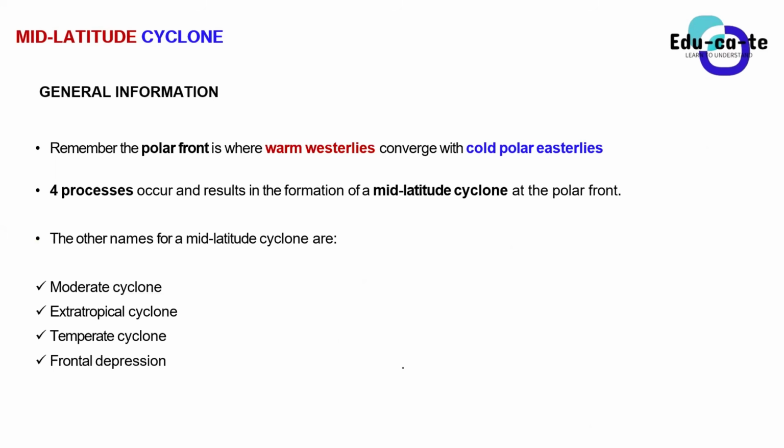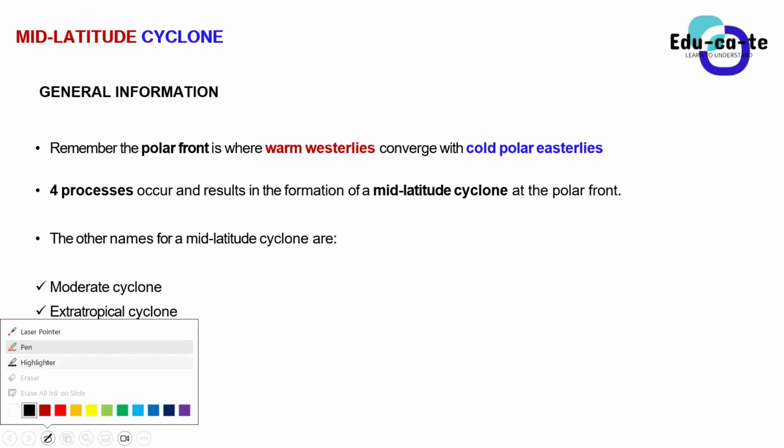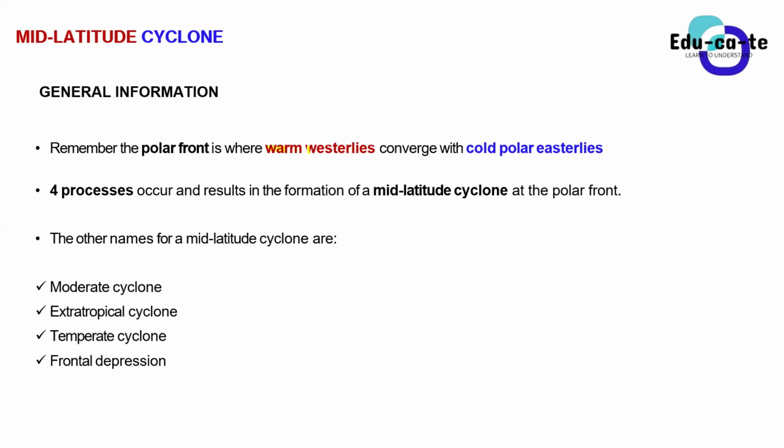So remember, we said the polar front is where the warm westerlies converge with the cold polar easterlies. Do you see that the terms I'm now using are warm westerlies? Don't just say westerlies. It's warm westerlies. They are converging with the cold polar easterlies at the polar front.